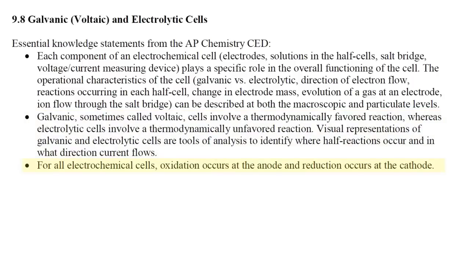For all electrochemical cells, oxidation occurs at the anode and reduction occurs at the cathode. Now, before we take a look at question 1 in this packet, here is a short video of an experiment.